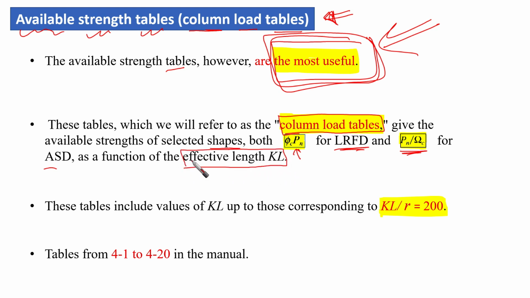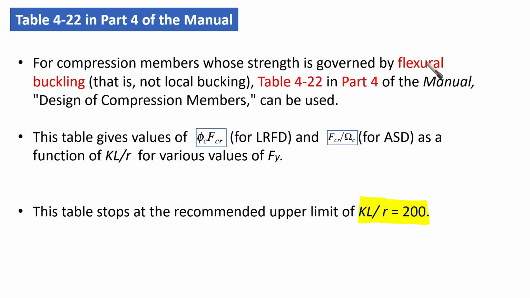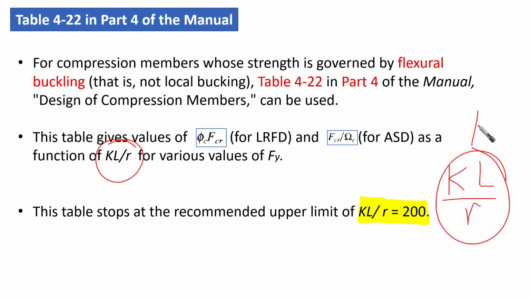So here in this table we are using KL, remember that well. However, for Table 4-22, we are using KL over r. So remember well, KL over r is the slenderness ratio.